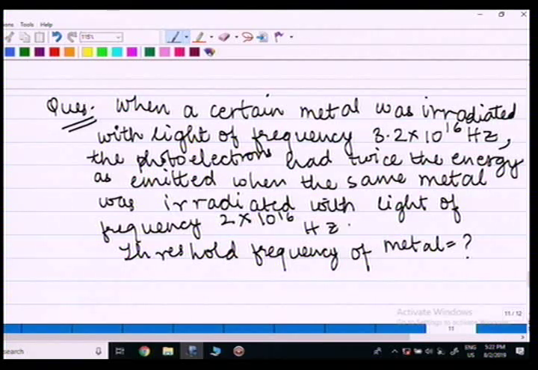What is the threshold frequency of the metal? Please start solving. If you face any problem, just let us know in the comment section or the chat section. If you're able to solve it, well and good. Let us know the answer.